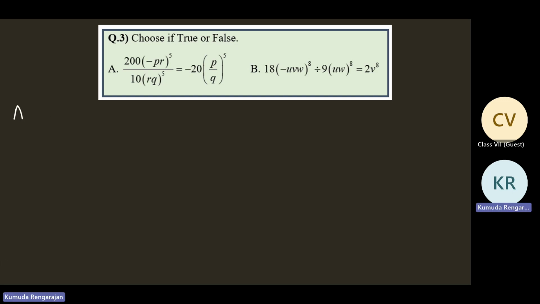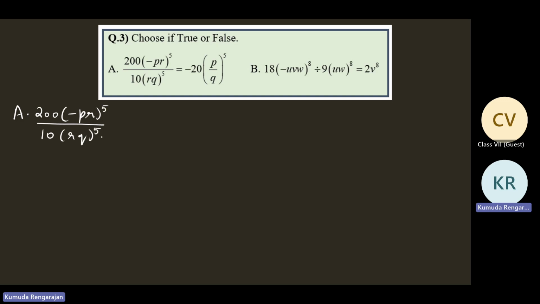A, I'm doing A, okay? Choose if true or false. You must say if it is true or false. All right? Okay, let's start. So we have, I'll write the question first, 200 into minus PR to the power 5 divided by 10 into RQ to the power 5.